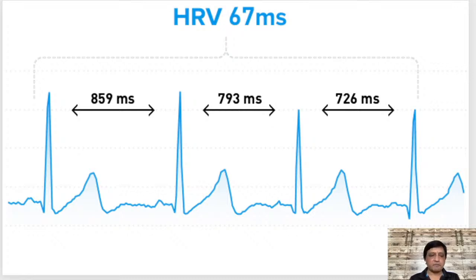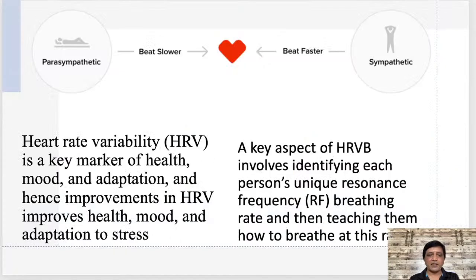It is found that abdominal breathing actually helps us in getting this heart rate variability because this is a key marker for health, mood, and adaptation. And that's why this HRV improves health, mood, and adaptation to stress, which is very, very important. A key aspect of this heart rate variability breathing involves identifying a unique resonance frequency.